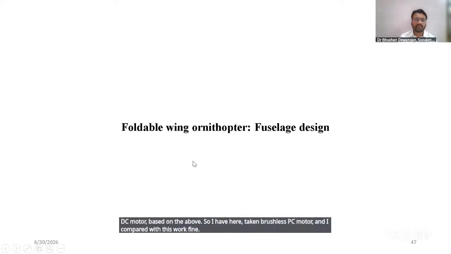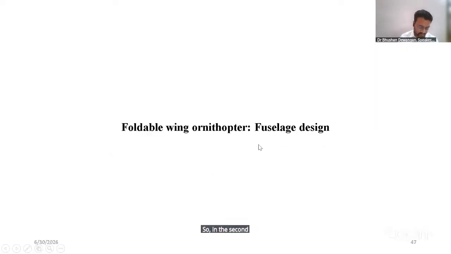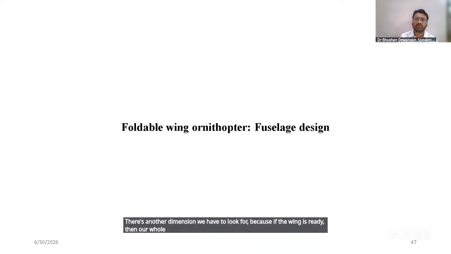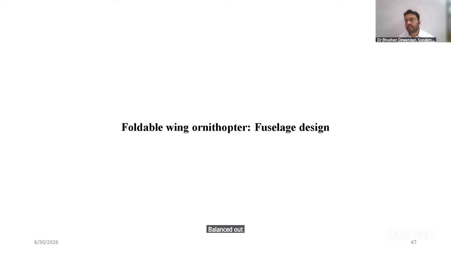So in the second and the third part, I can just say if the time is there. Okay, I can go forward. Time is there. The foldable wing ornithopter, I can say this is also another dimension we have to look for, because if the wing is ready, then our whole focus will go to the fuselage, meaning how the body structure will be balanced out and how the whole thing can be kept inside some structure.